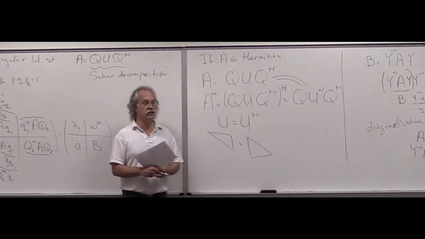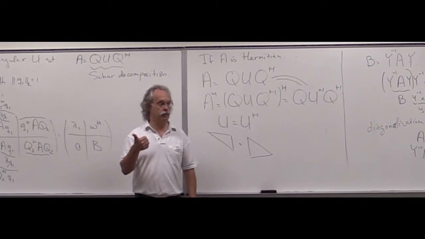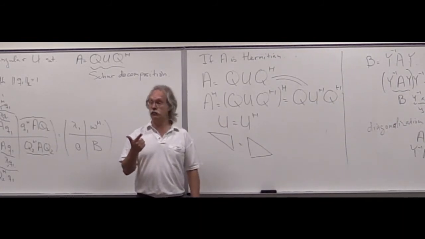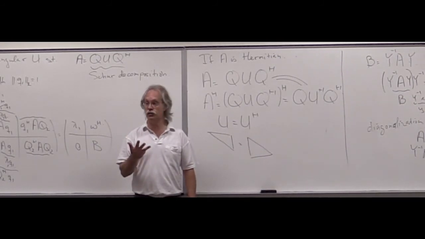So, all kinds of things we notice. Eigenvalues of a Hermitian matrix are real. A Hermitian matrix is diagonalizable. It can be diagonalized with a unitary matrix. If you have two eigenvectors associated with two different eigenvalues, they're orthogonal to each other.